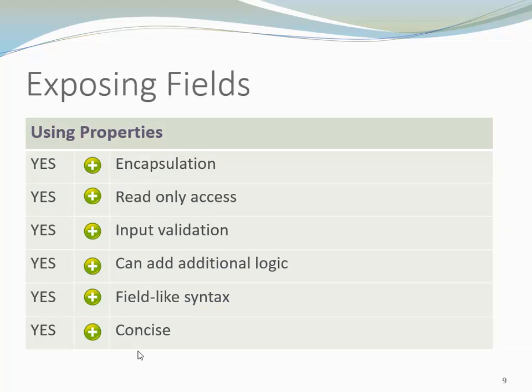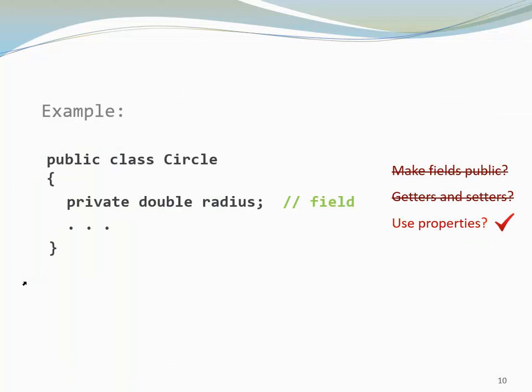And that's exactly what properties are doing. So when I have a property, I have all the advantages of the getters and setters, which are my methods. And in addition, I also have the advantages of the concise, simple, intuitive access. So using properties seems like a really good idea.